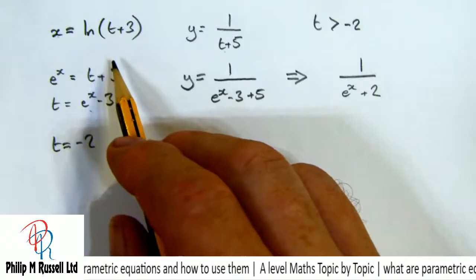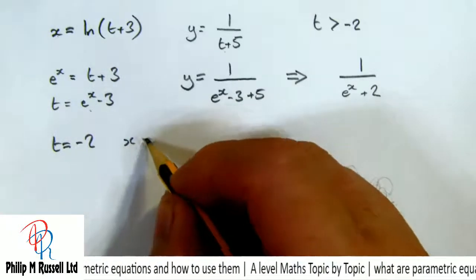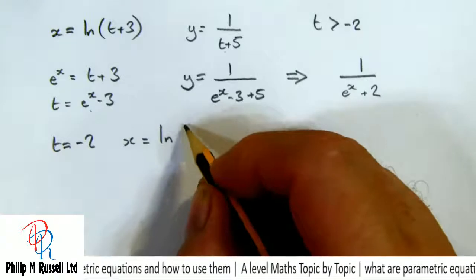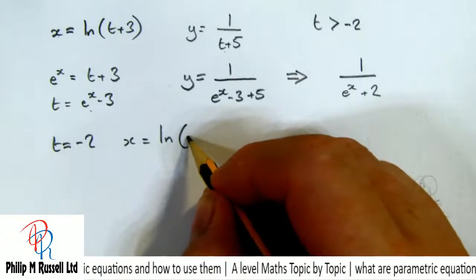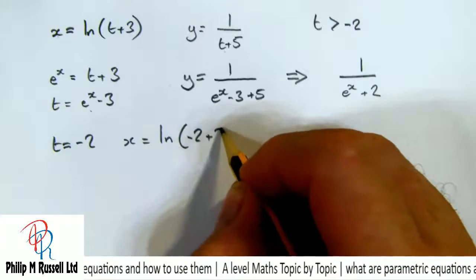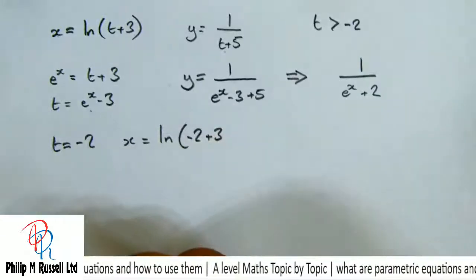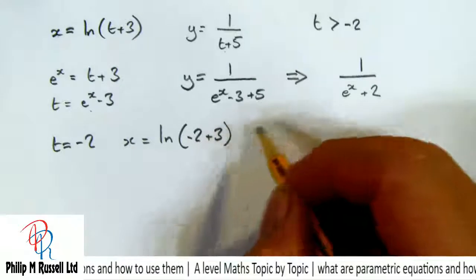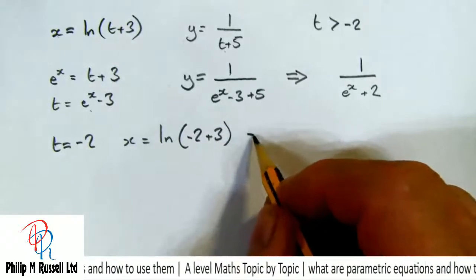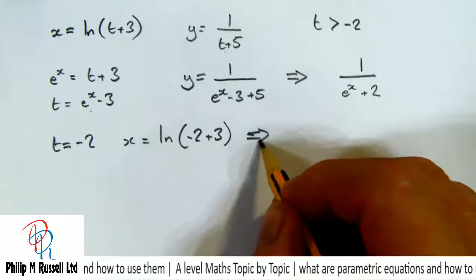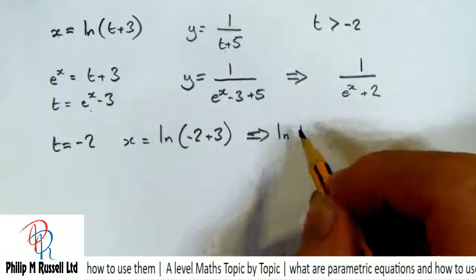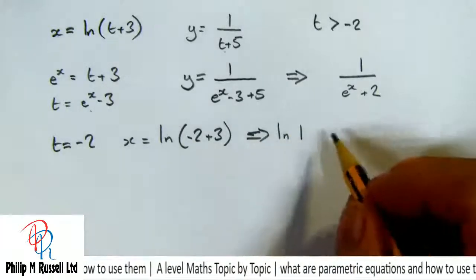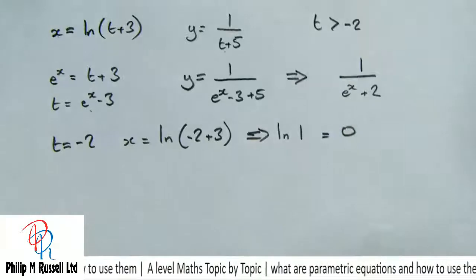Well, x is going to be log to the base e of minus 2 plus 3, which gives me the ln of 1, and we know that the ln of 1 equals 0.